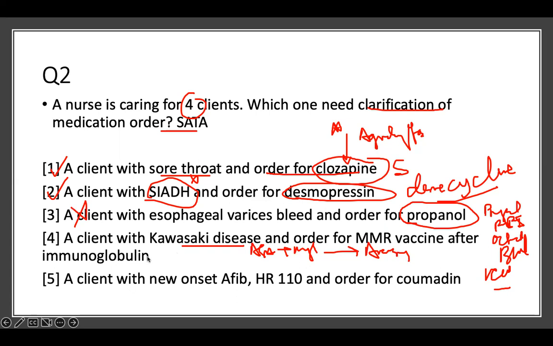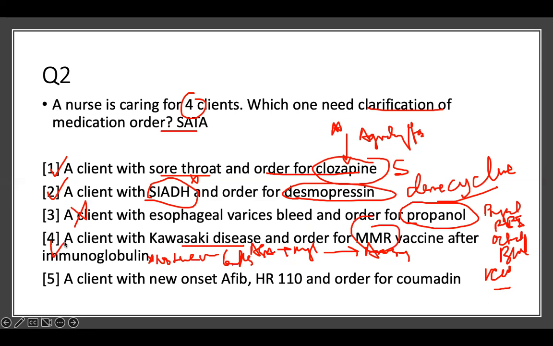Because of the immunoglobulin, there's no live vaccine. They cannot get a live vaccine for 6 months. So a kid cannot get a live vaccine for 6 months. MMR is a live vaccine, so this is negative. We've got to ask for clarification.